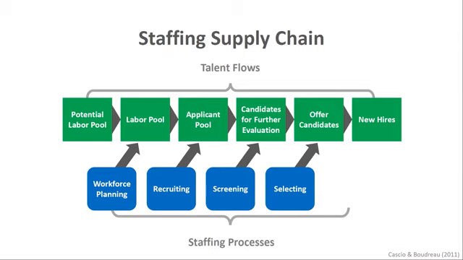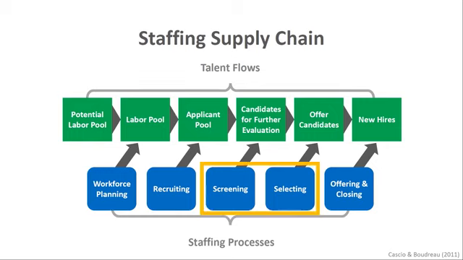Through selecting and selection, we ultimately identify those people that have the highest level of talent, or in other words, are going to be the best fit for the job vacancy or position vacancy that we currently have. And then ultimately, we're going to offer and close by extending that job offer, and if the person decides to accept that job offer, bring them in as a new hire. So from an employee selection perspective, we're going to be focusing really on screening and selecting, which you can see here.